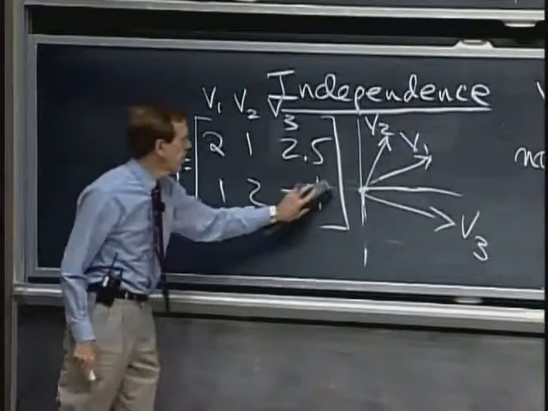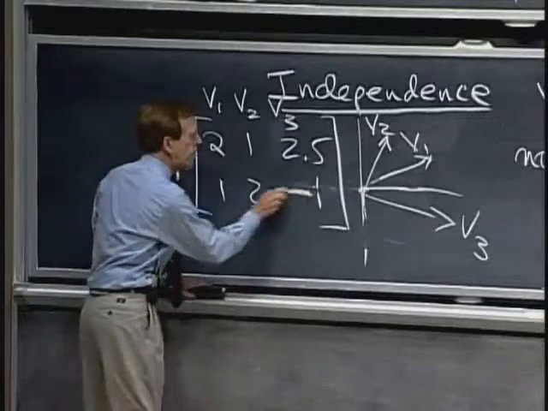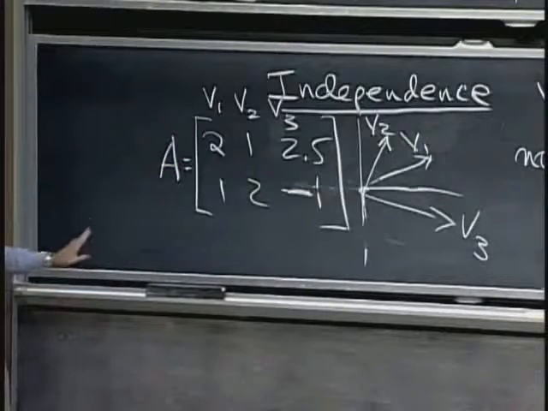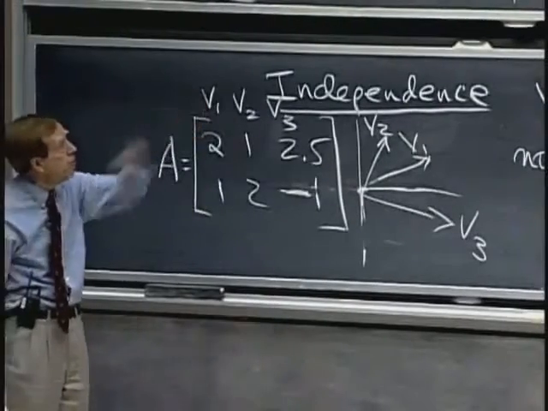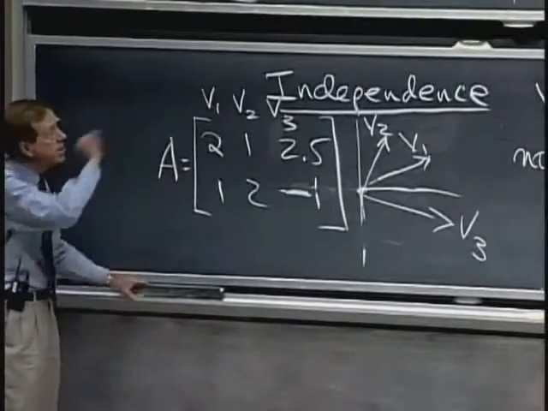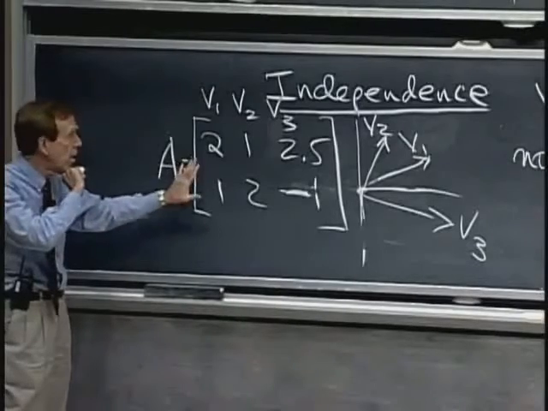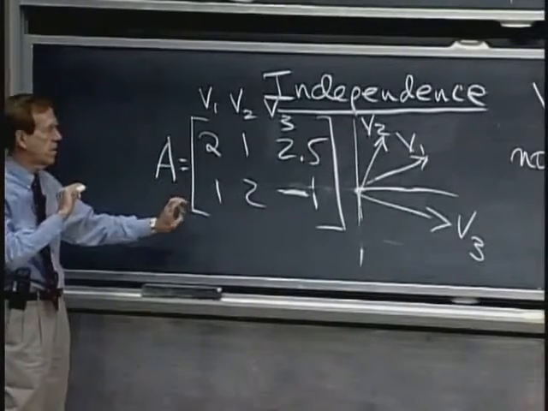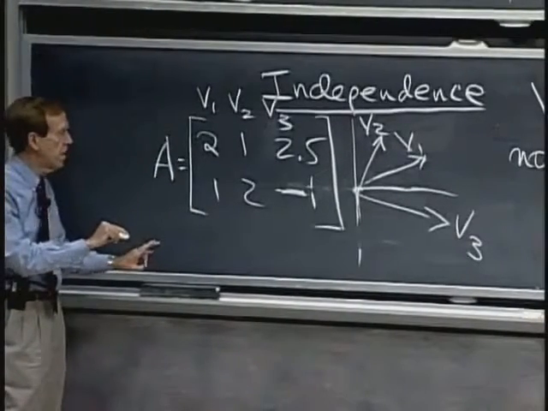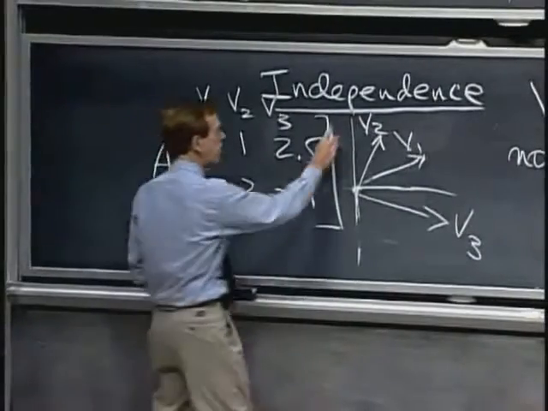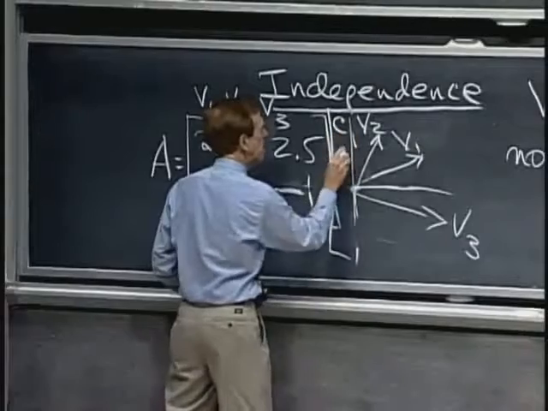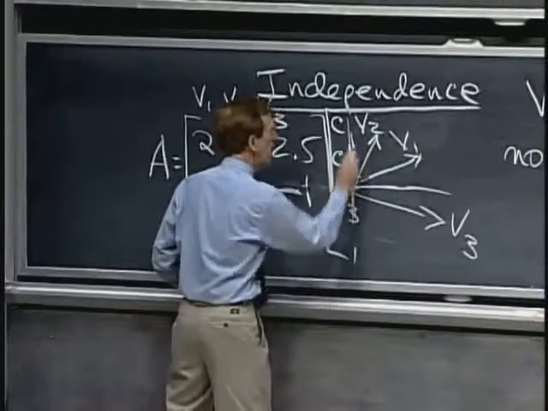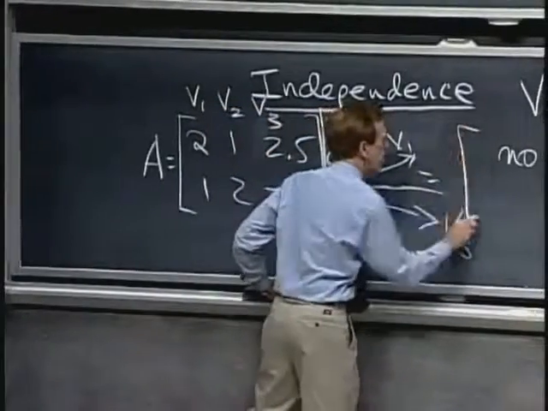Those are my three vectors, and I put them in the columns of A. Now, that matrix A is 2 by 3. It fits this pattern where we know we have some free variables, we know that there's some combination, and instead of x's let me call them C1, C2, and C3, that gives the 0 vector.